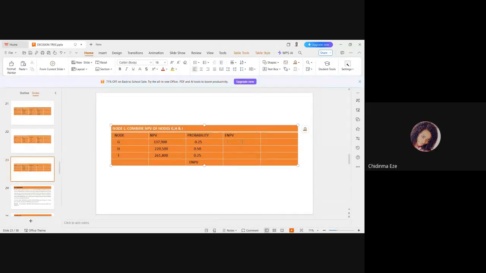Next one is 34,475. And for these, 0.50 times 220,500 is 110,250, and this should be 65,450. Overall, this should be 210,175.